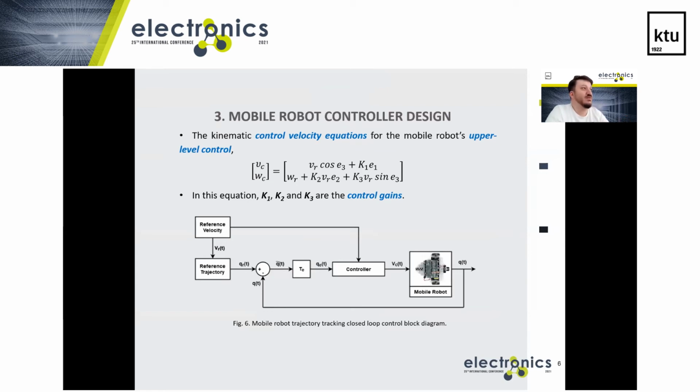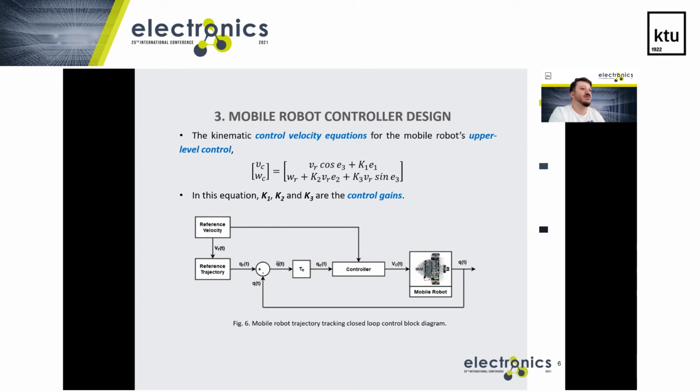This is the upper level control. Also, for real-time experiments we made some lower level control, like DC motor velocity control. In the equation, we can see K1, K2, and K3 as the control gain parameters, and we proposed to tune these control gain parameters using neural networks.